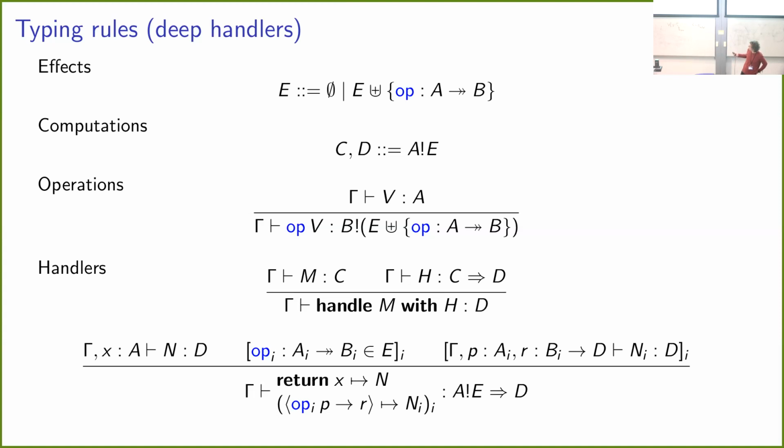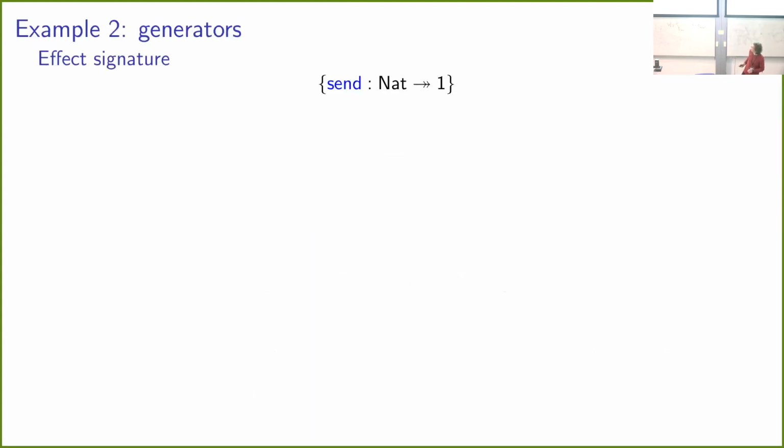But the return type of this resumption is actually D. It's the final computation type of the handler. That encapsulates the fact that the resumption actually recaptures the handler, so the body of the resumption gets handled with the same handler. But I don't want to dwell on that. I want to show you some more examples. I don't have much time.